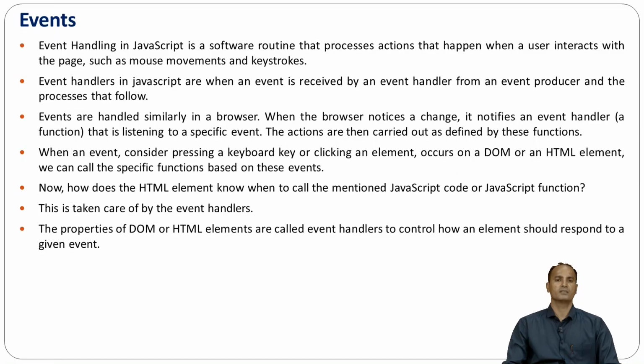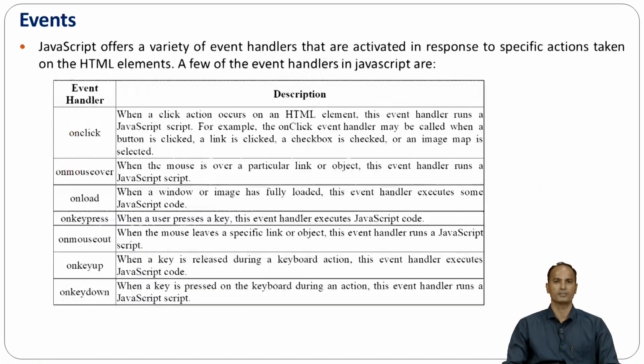Now, how does the HTML element know when to call the mentioned JavaScript code or JavaScript function? This is taken care of by the event handlers. The properties of DOM or HTML elements are called event handlers to control how an element should respond to a given event. JavaScript offers a variety of event handlers that are activated in response to specific actions taken on HTML elements.